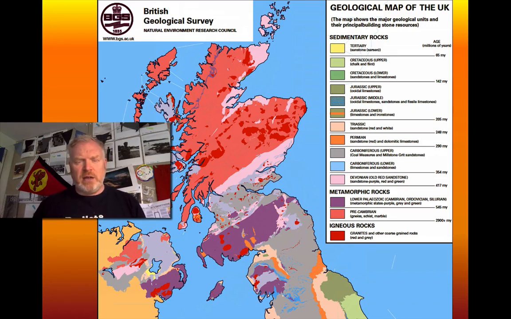Similar rocks then in the Lake District and the Isle of Man. Those mountains there are created by the Caledonian orogeny. So the Lake District and the southern uplands and the Scottish Highlands are Caledonian mountains. And the granites we see in them are from that same orogeny.